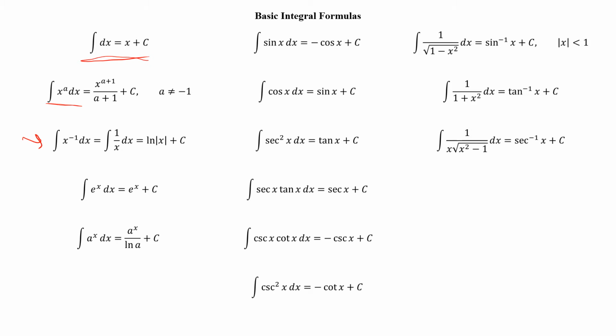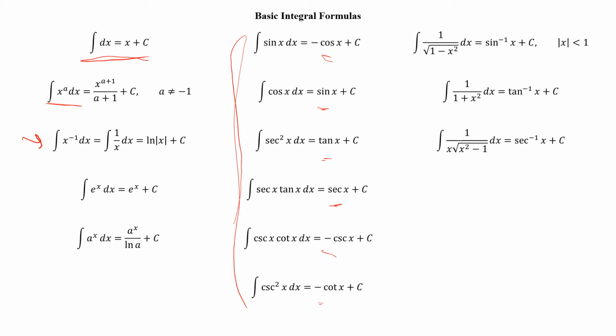We have trig. So these integrals seem kind of strange, but that's just the derivatives of our 6 trig functions. Remember that sine and cosine just go backwards of each other.